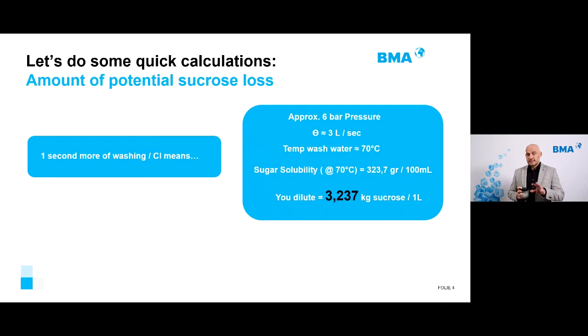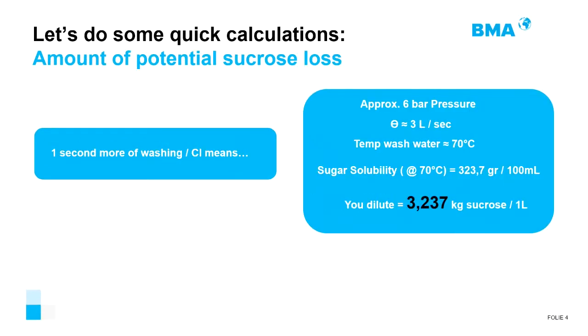Let me assume that the temperature of the washing water is 70 degrees. Theoretically, this water temperature should be between 65 and 85 degrees Celsius, but let us assume 70 degrees. The sugar solubility in water at 70 degrees Celsius is 323 grams per 100 milliliters.